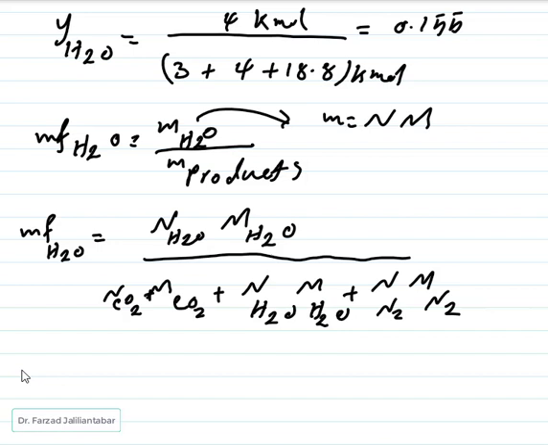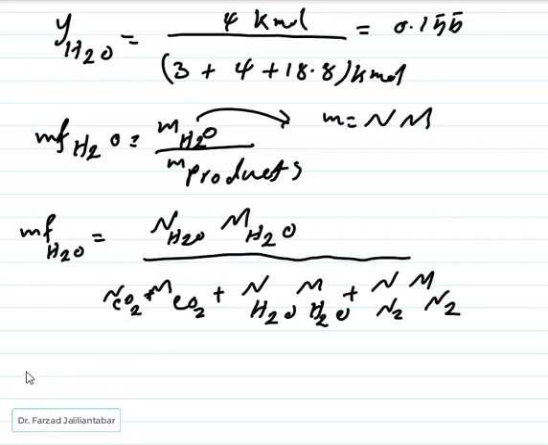By substitution, again we have the mole and also molar mass of the components which we have in this equation.